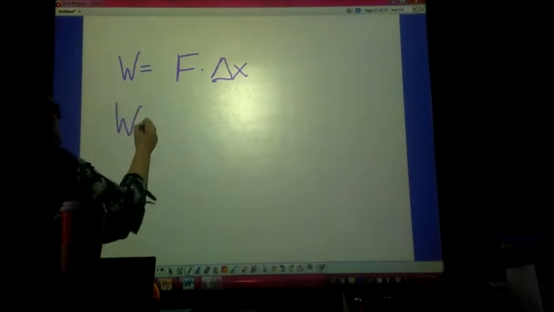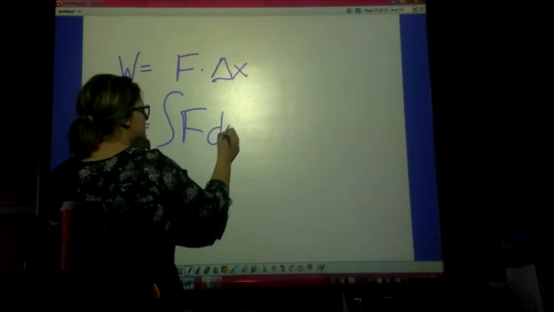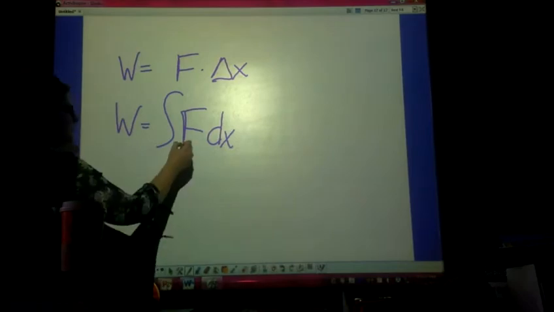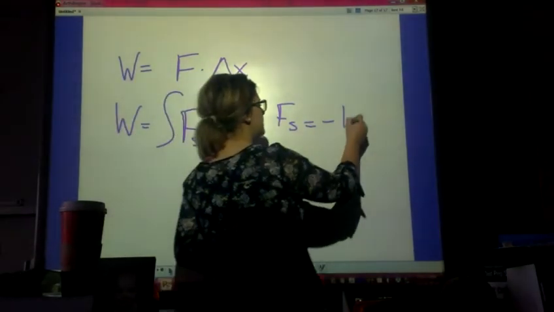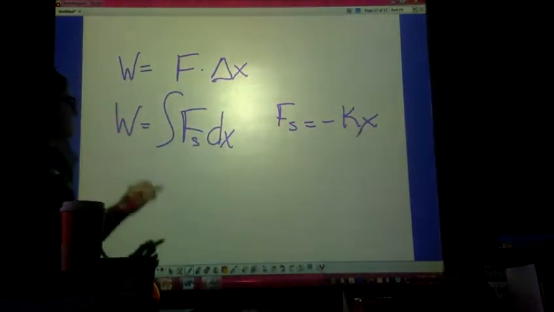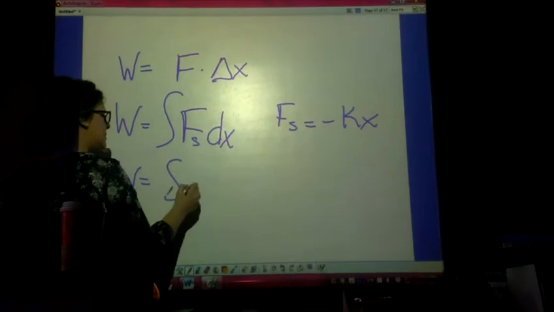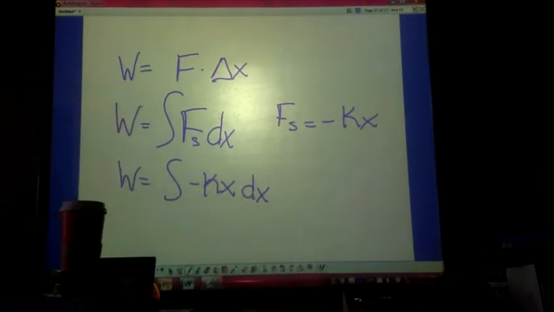So that means that I need to think about this as an integral. So force is going to be integrated with respect to x, okay? So in this case, I know that the spring force, because we just saw spring force is equal to negative kx. So let me sub that in here for the spring force. So work is equal to the integral of negative kx dx. How do I do an integral? I don't know that you know that yet from calculus.